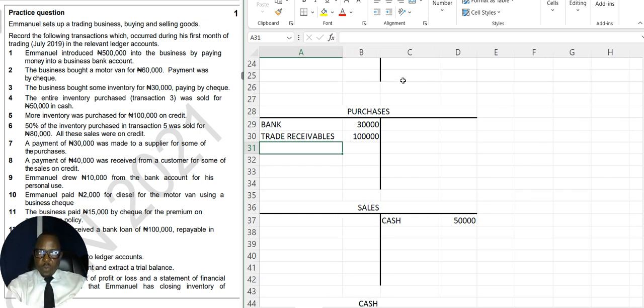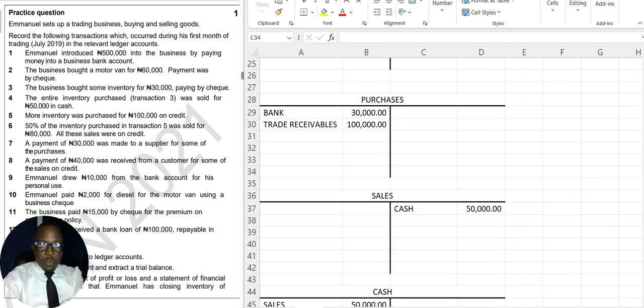All right, so we move on now. More inventory. Okay, we have done number 5. We're treating number 6 now. 50% of the inventory purchased in transaction 5 was sold for 80,000 naira.